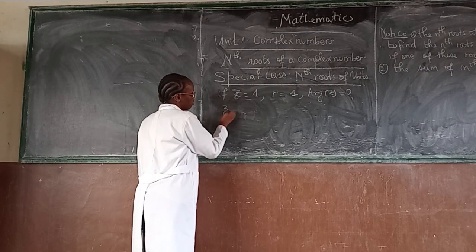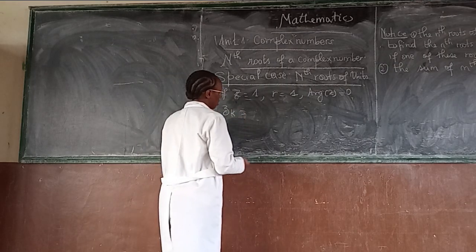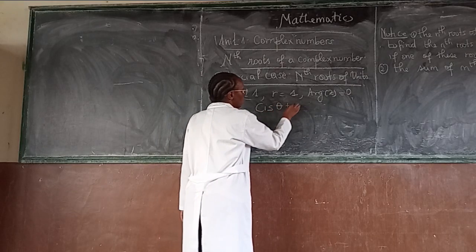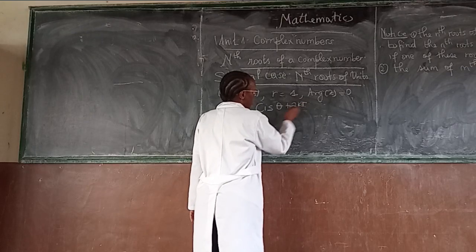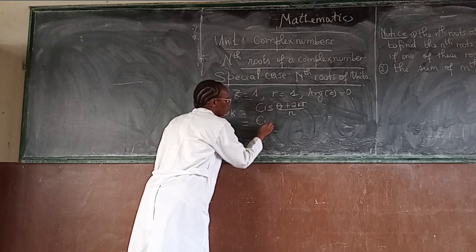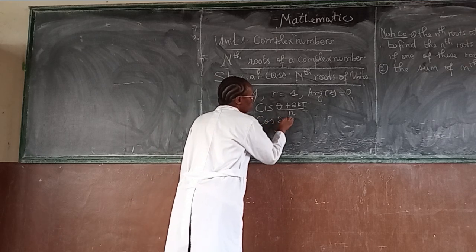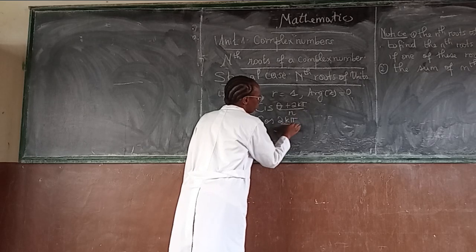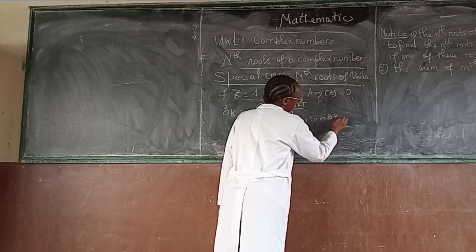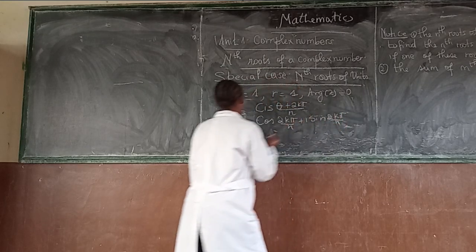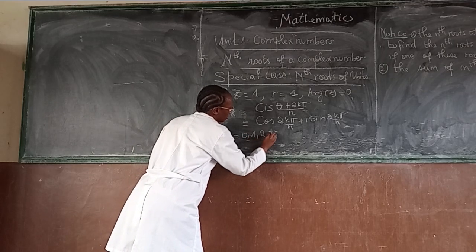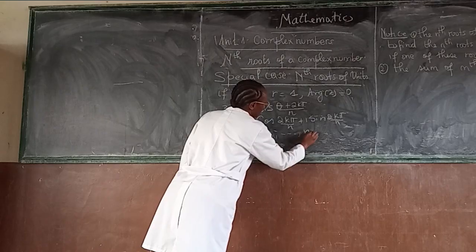So it means the root will be equal to cosine of 0 plus 2k pi over n, which is the same as cosine of 2k pi over n plus i sine 2k pi over n, where our k is a positive integer up to n minus 1.